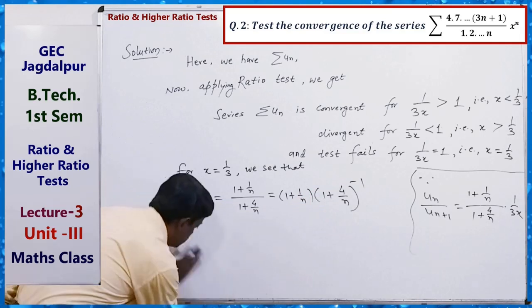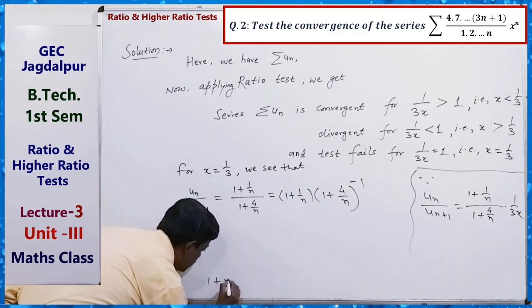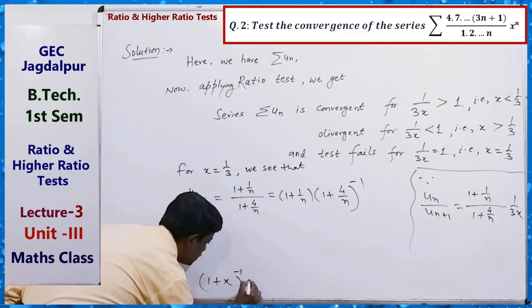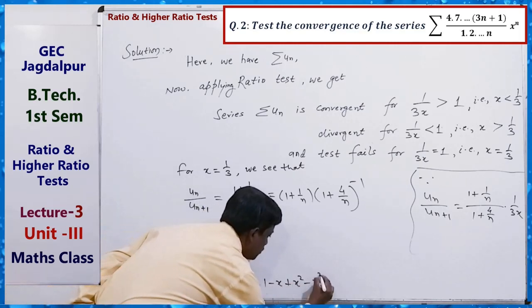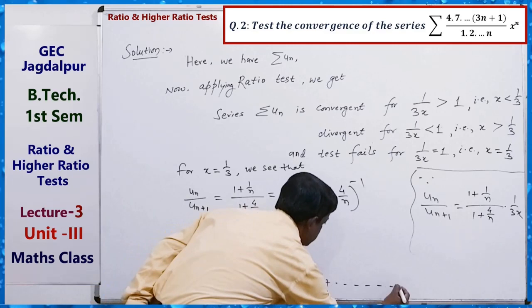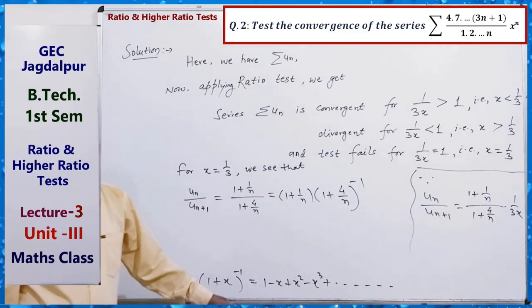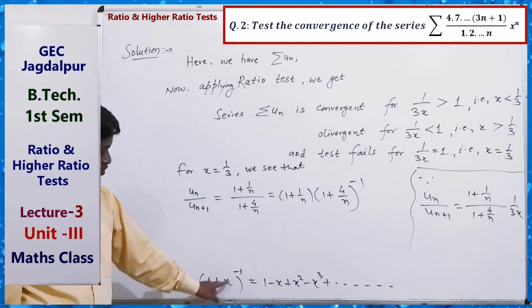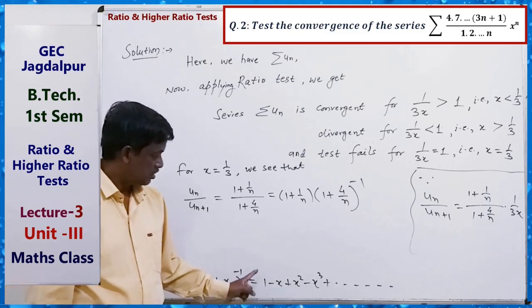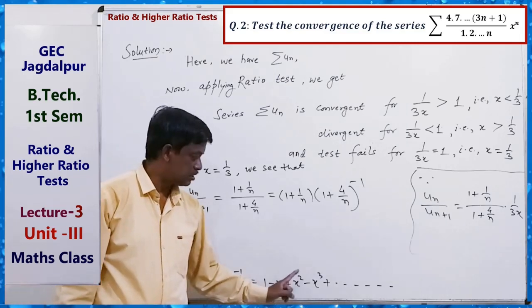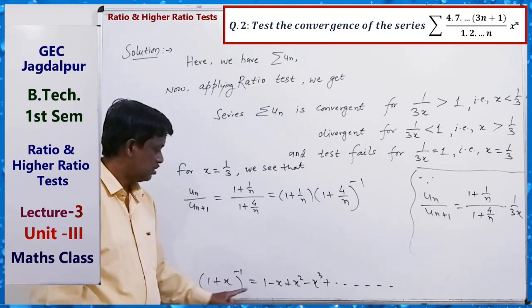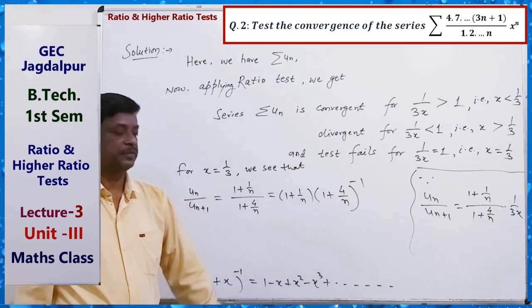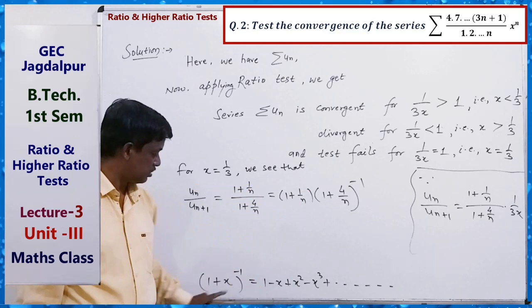We know the formula: (1 + x) inverse equals 1 minus x plus x square minus x cube and so on. This is the binomial theorem: (1 + x) to the power minus 1, with x to the power 0, 1, 2, 3 and so on, with alternating signs plus, minus, plus, minus. So this will be the expansion.